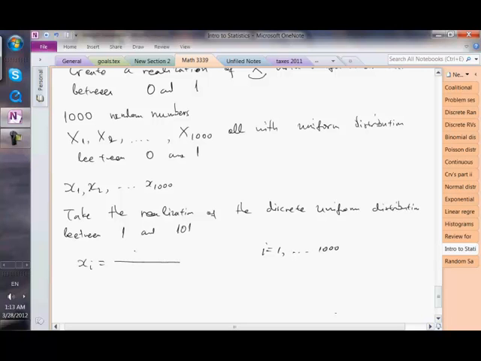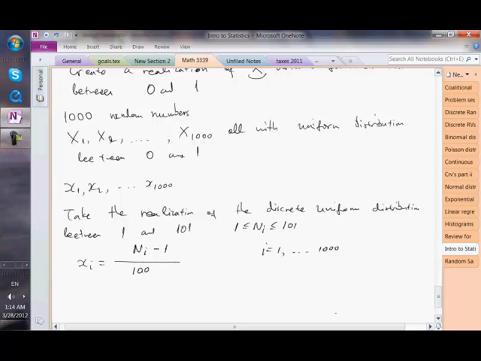We took the number n sub I. N sub I is between 1 and 101. Subtract 1. So now those differences are between 0 and 100. And divide them by 100. That gives you decimal numbers with a uniform distribution between 0 and 1.